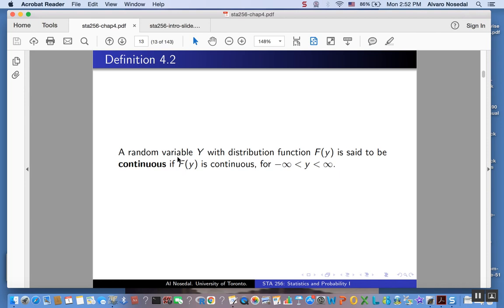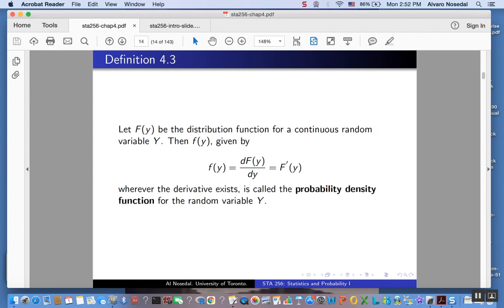Now, there's another definition I want you to see. This is going to establish a relationship between the CDF, capital F, the cumulative distribution function, and the PDF. And we're going to use lowercase f to refer to the PDF. And PDF is short for probability density function.